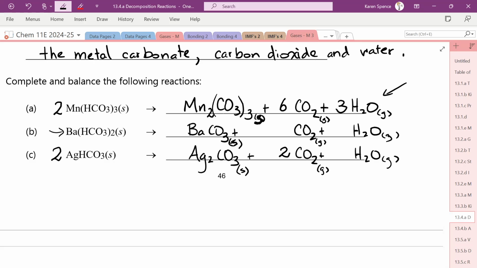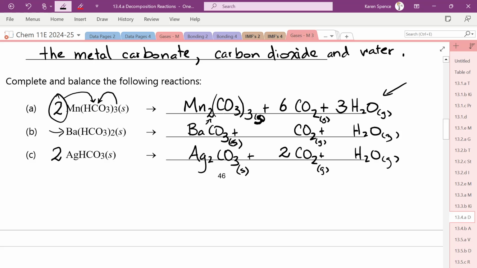The first one I think is just 3 CO2. But I've got 6, so it's 6 O plus 3 O. It's 9. And then the first one is 3 times 3 is 9. Yeah, it should be 3, not 6. 3 carbons? Yeah, 3 carbons.